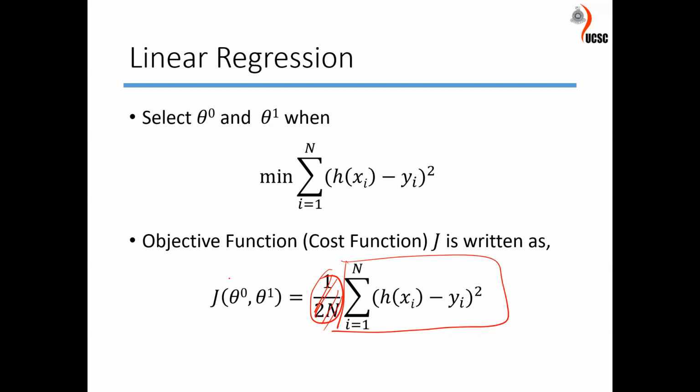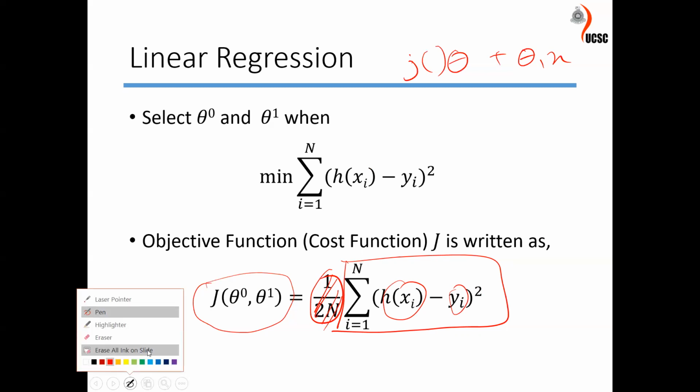So how do we come up with the cost function? The cost function is a function of theta naught and theta 1. The hypothesis is theta naught plus theta 1 x, and this is our J. Then we can find the cost function like this: hypothesis minus our real value, make it square, then consider all the data points and take the summation.